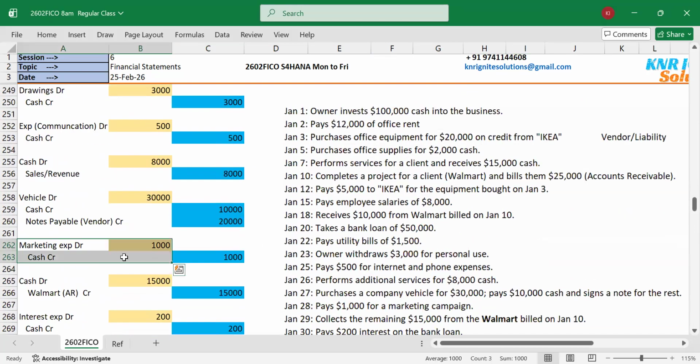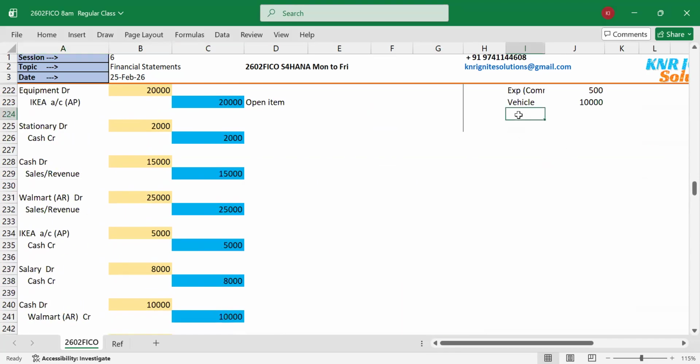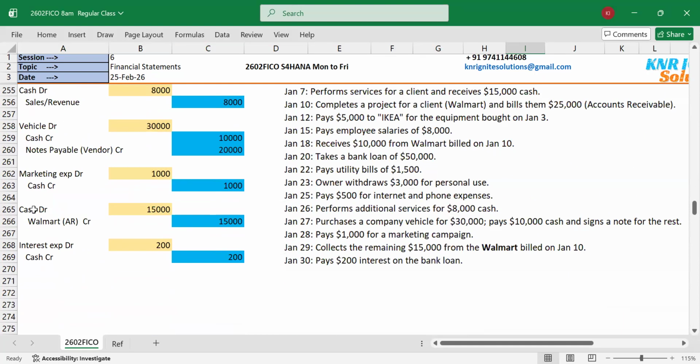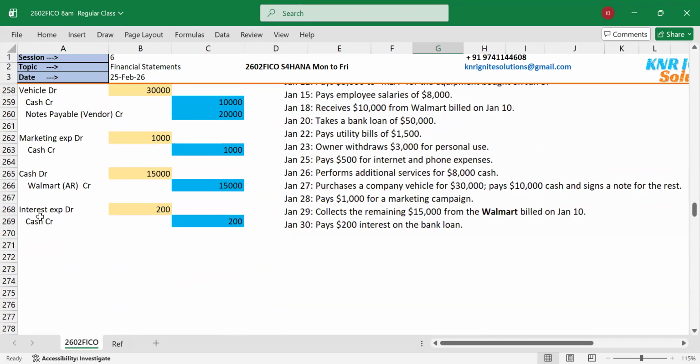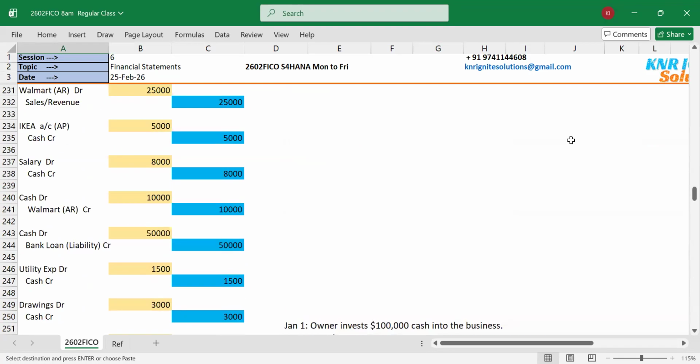And then you have marketing expense again credit, 1,000. And then we have a cash again from Walmart. So another 15K. Walmart, you debit your cash 15,000. And the last transaction that we have, interest that we paid, which is a credit. Credit 200.